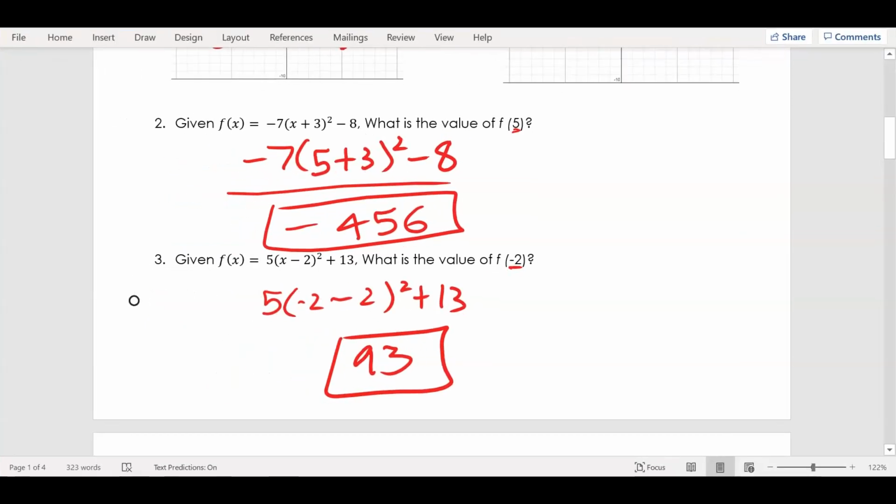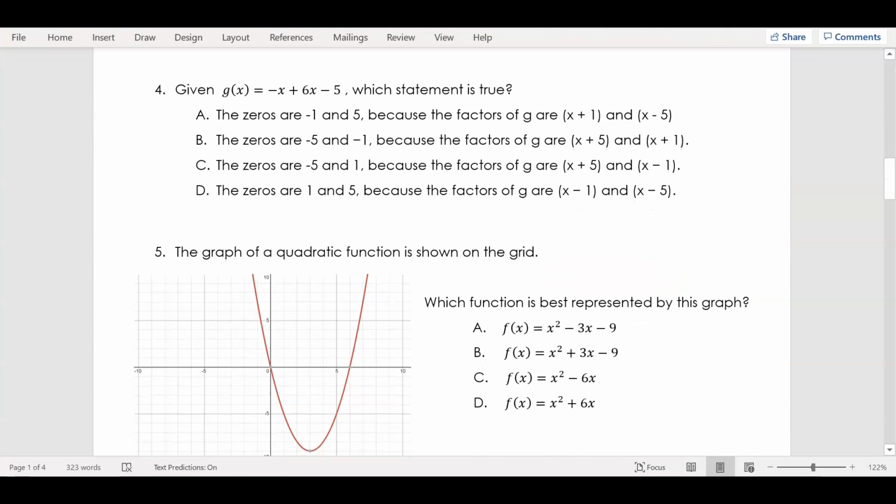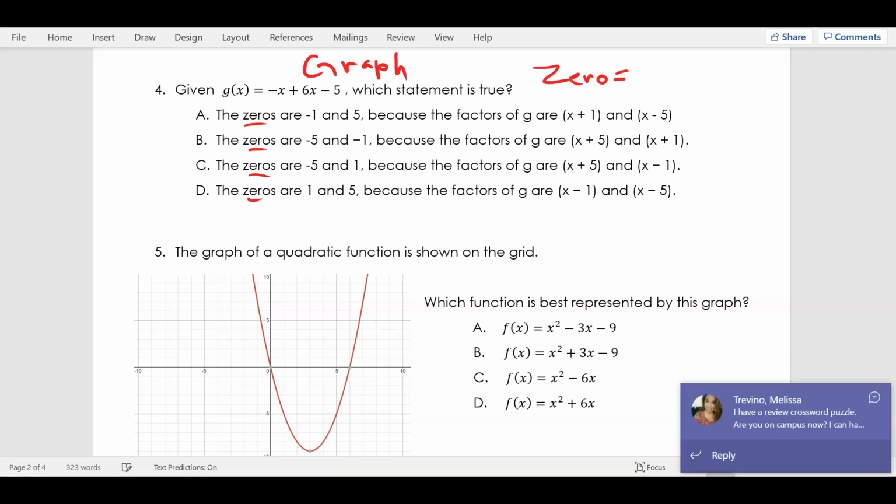All right, and then given this, which statement is true? Now, if I want to find my zeros, maybe I should graph this to see where it crosses the x-axis. Remember, 0 is an x-intercept. Okay, so let's go to our graph.